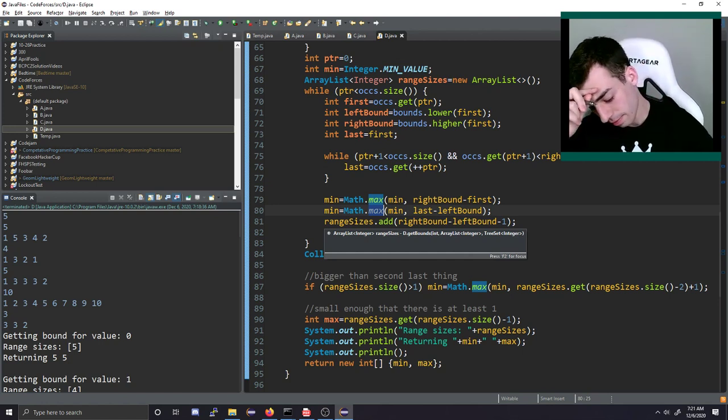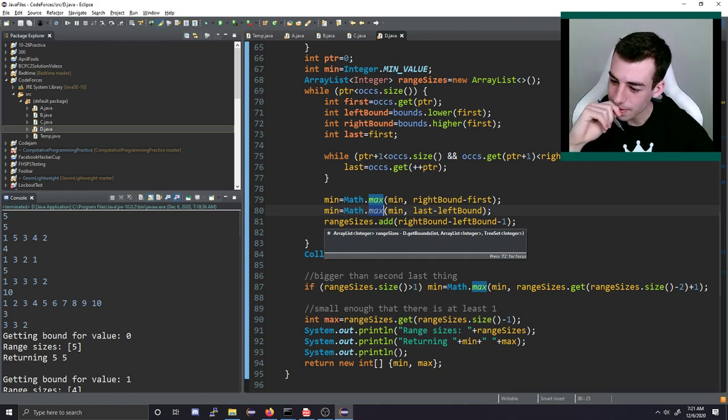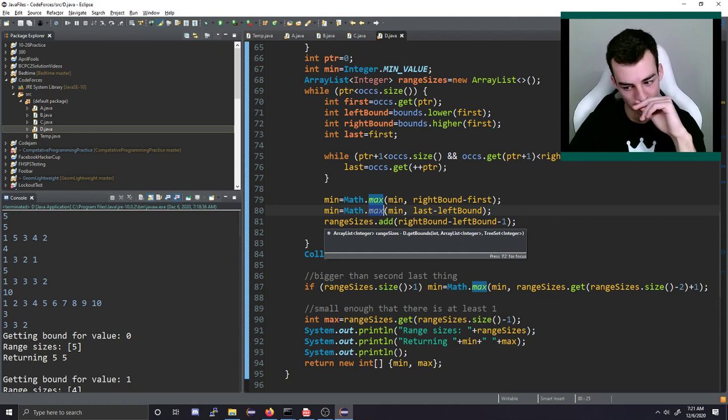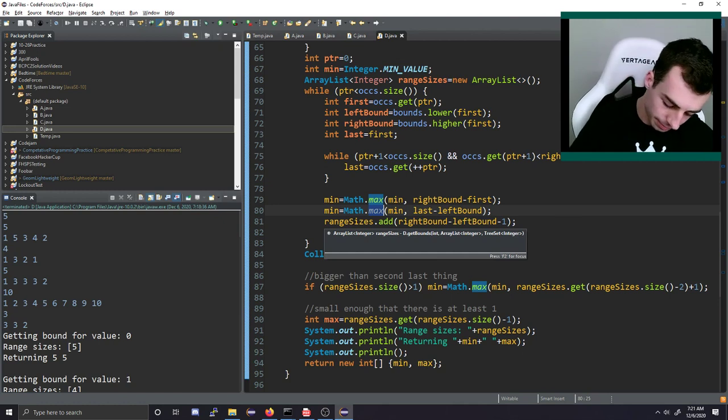It's got to be that. Can't be anything else. Yeah, if we're not on the end, it's got to be that. If we are on the end, yeah, because if it's anything smaller, it doesn't work.